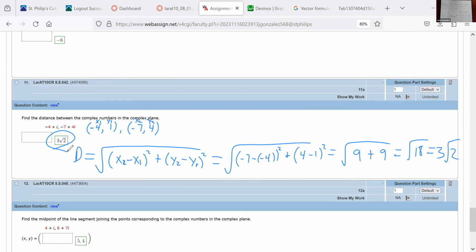That makes sense, or? It makes sense. On the tests and stuff, do we have to show factoring out the square root, or can we just leave it like at square root 18?